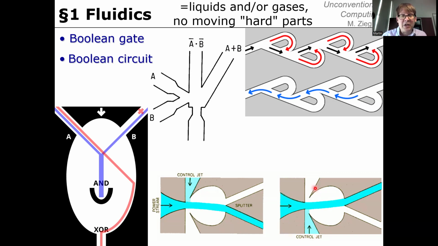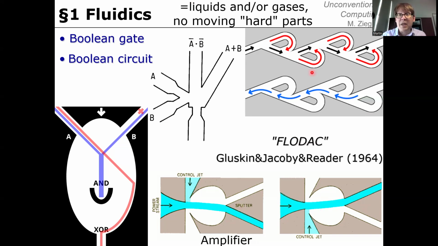So the input signal is amplified, an important part of fluidics. Okay, and these were the basic ideas of the so-called flow deck computer, which was presented by Glaskin, Jacobi, and Reeder in 1964 as a fluid-based entire computer system.